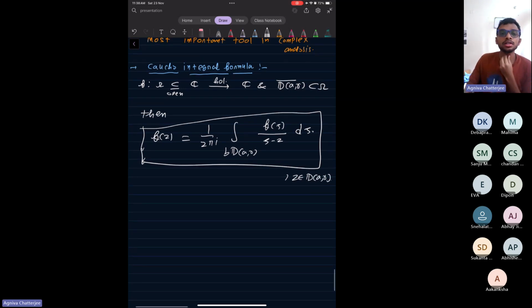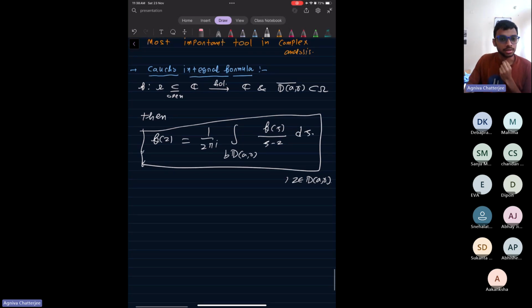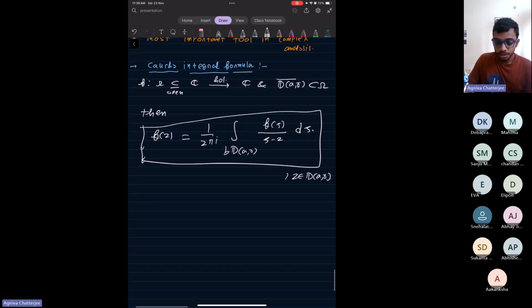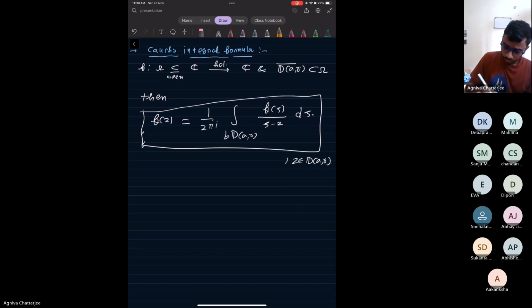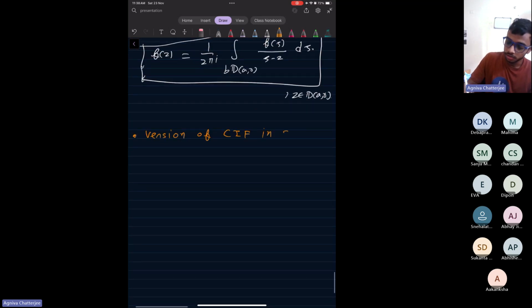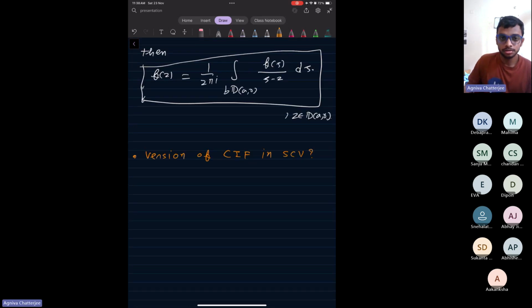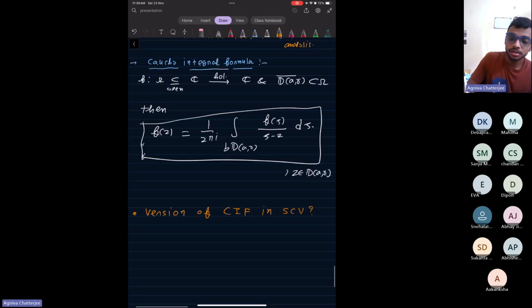Now, what is a version of the Cauchy integral formula in higher dimension? This question is quite interesting. I will denote the version as CIF in SCV. The first question that one should ask is, in the one variable case I was doing it for the disk. What is the correct analog of the disk in higher dimension?